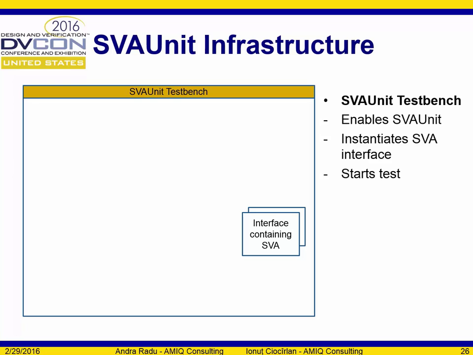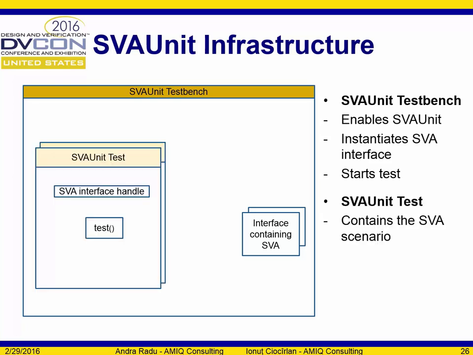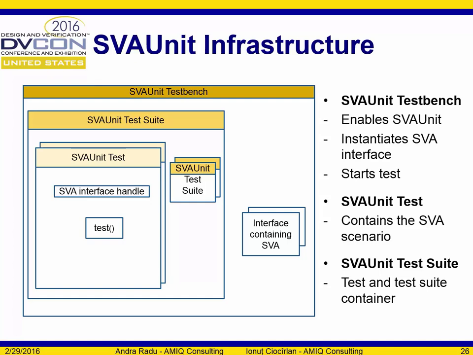It also enables the entire framework logic in the test bench and starts the tests. The tests can also stay inside the test bench. They actually contain the stimuli and the checking of the assertion under test. You could put them inside the test bench, but let's say you want to do simple unit tests, but several of them, and you could group them inside the test suite.